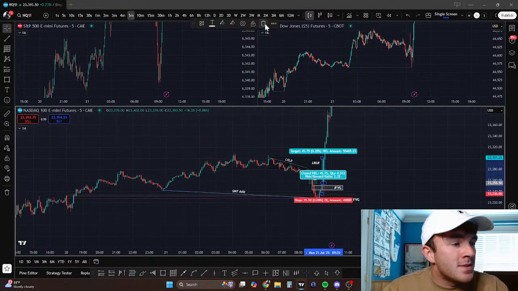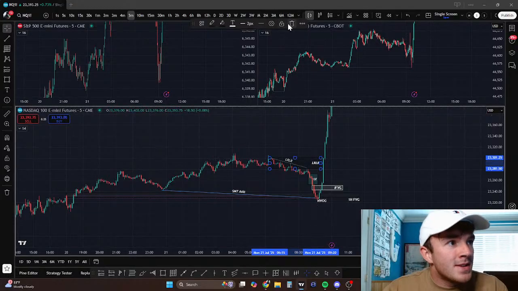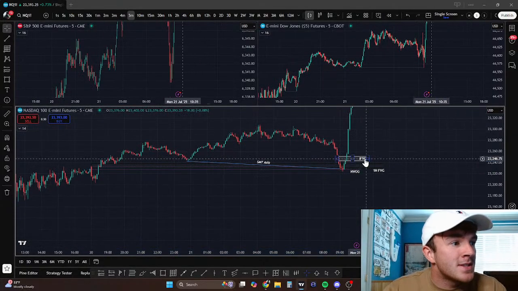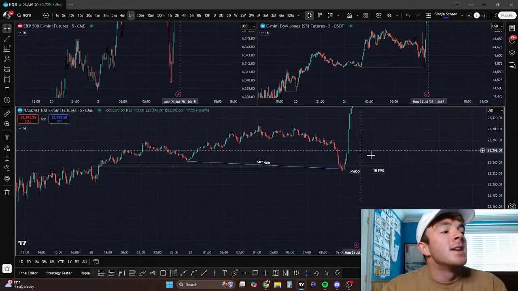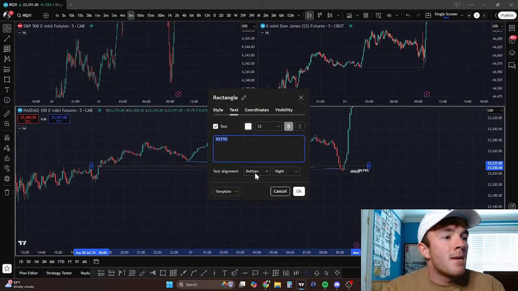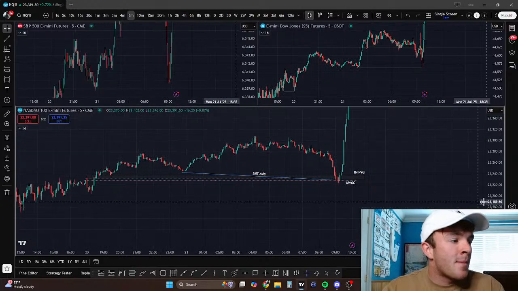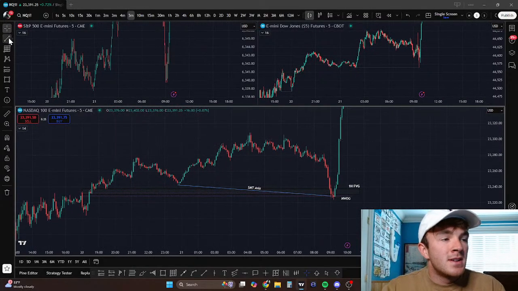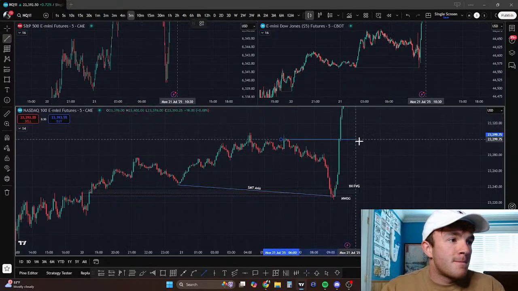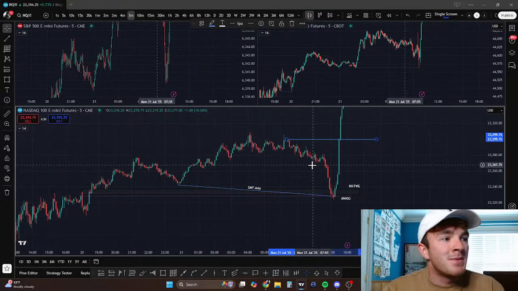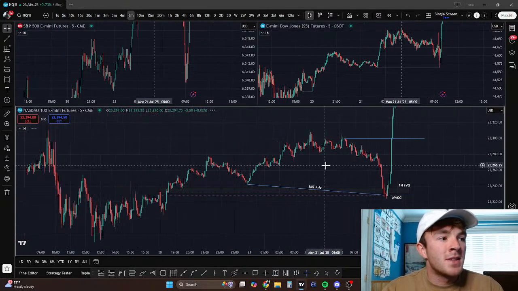As well, I did notice we're getting this 5-minute change in state of delivery off this 1 hour gap. It would be irresponsible for me to say I didn't think about it, right? Because we have 1 hour gap, S&T with Asia, 5-minute change in state of delivery. But I hate going long at literally all-time highs, right?